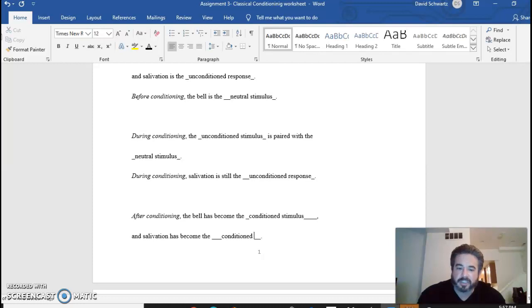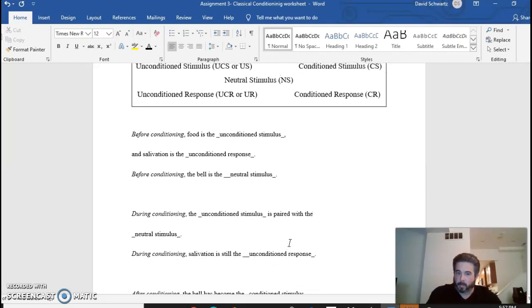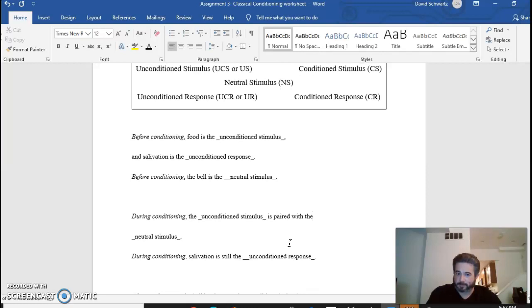Because the salivation happens in response to the conditioned stimulus, it has now become the conditioned response. So the unconditioned response has become the conditioned response because the neutral stimulus has become the conditioned stimulus. Okay.